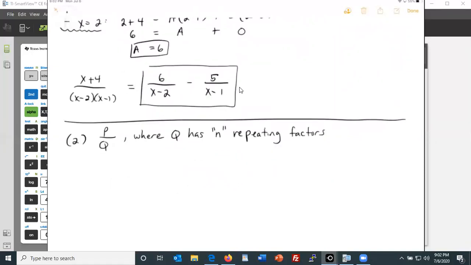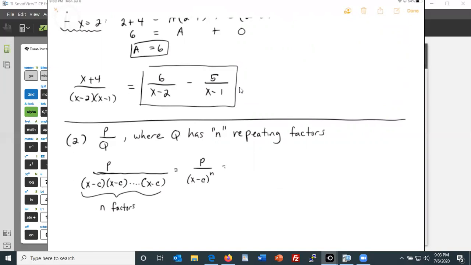All right, so let's say the problem is P over (x - c)(x - c)(x - c), n times. So that would be P over (x - c) to the n power, for n factors.